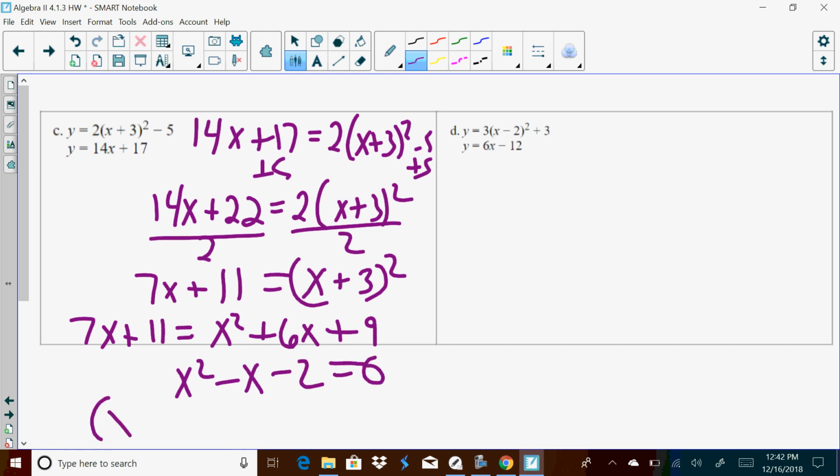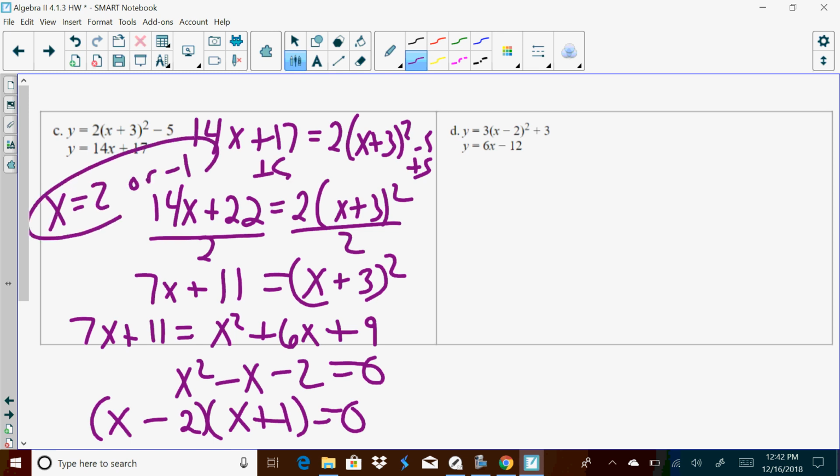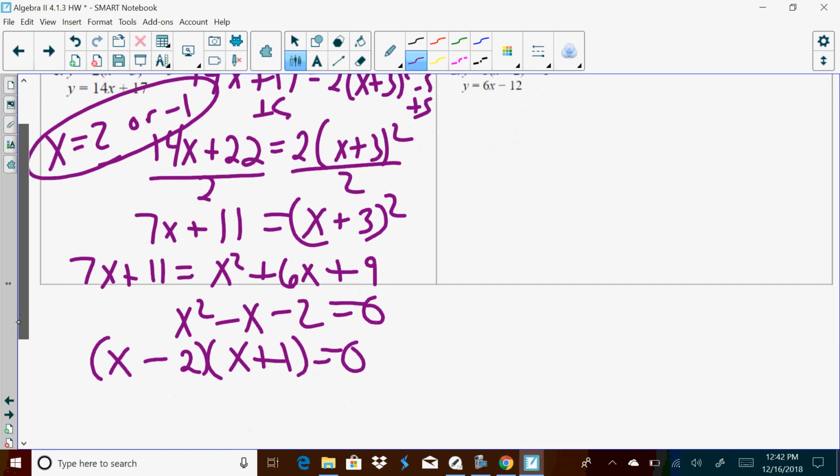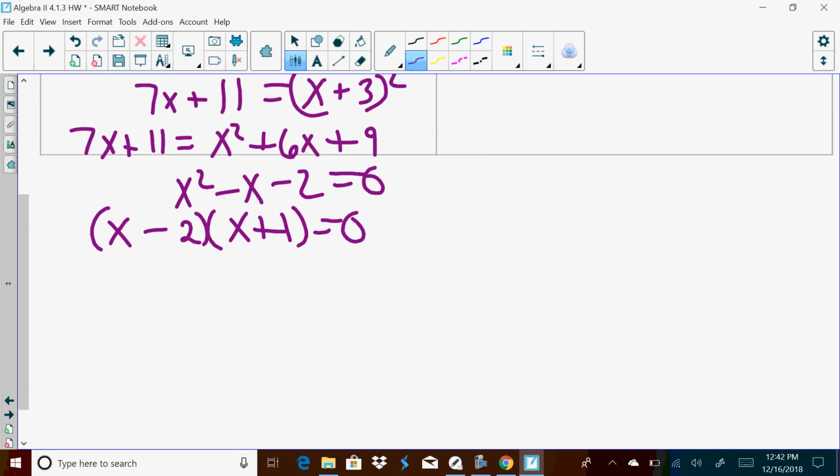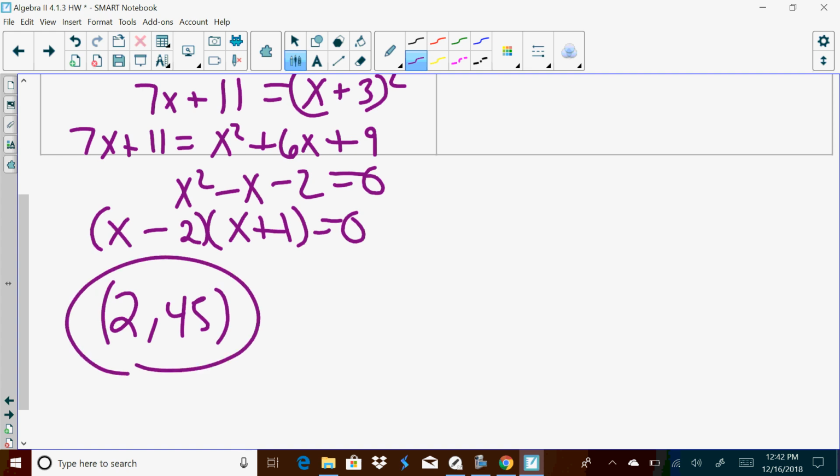So I factor it. So I end up with x equals 2 or negative 1. Then I have to plug this back in. So when I do that, I actually get 2 answers. I get 2, 45 and negative 1, 3.